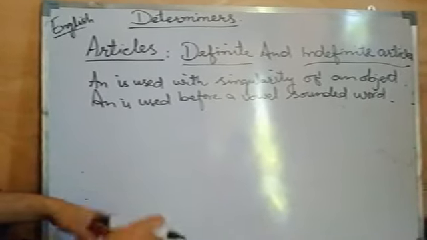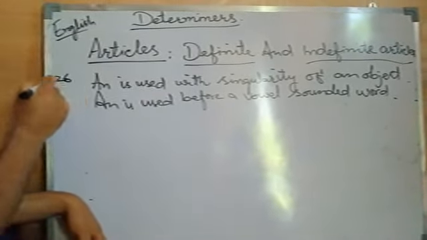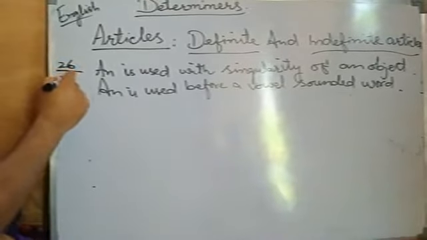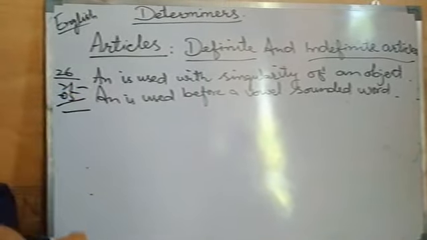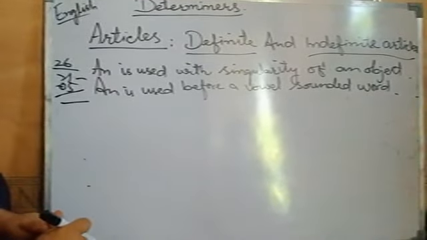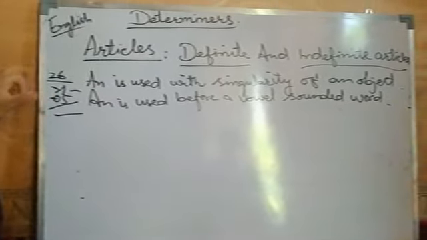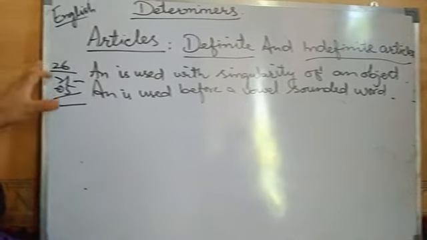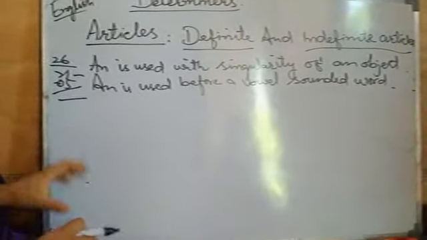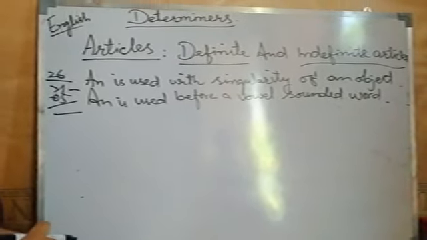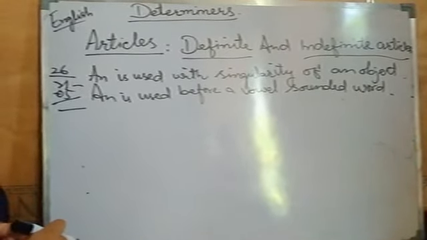There are 26 letters or alphabets, 21 are consonants and 5 are vowels. It is traditional, as these 26 structures came our way, or we have seen them since our birth.